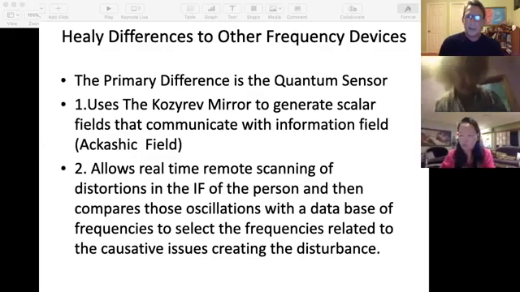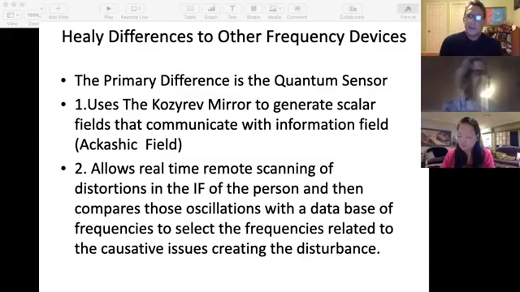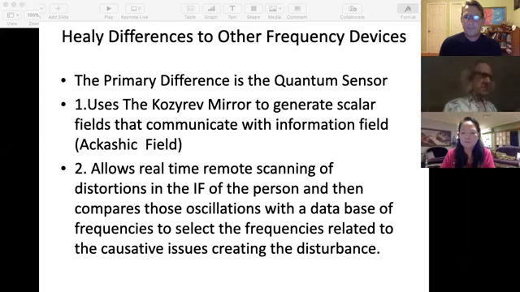So what makes this quantum sensor so important and so critically different to all the other types of devices that are out there? It's this key thing here, and it's called the Kozyrev mirror. The Kozyrev mirror is a type of shielding that is inside the device.